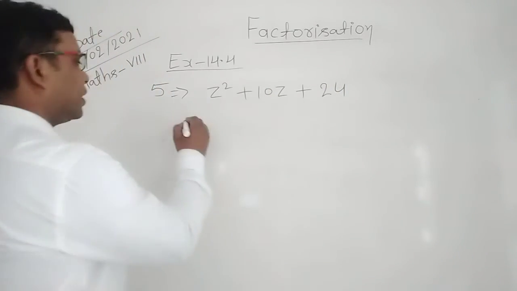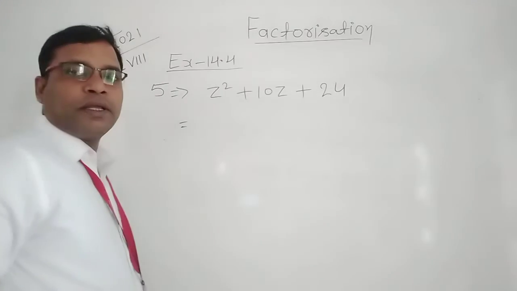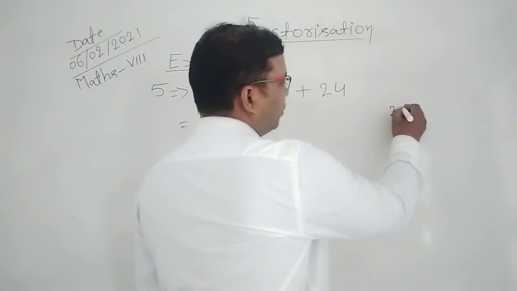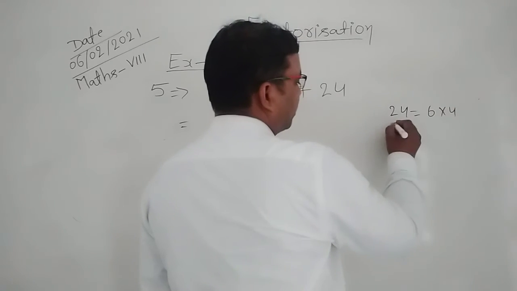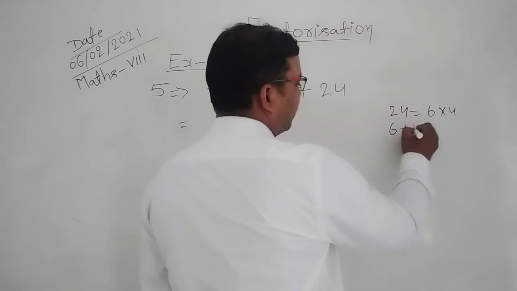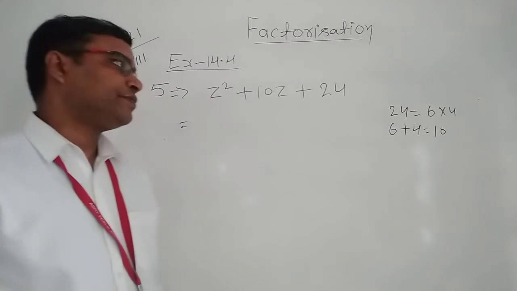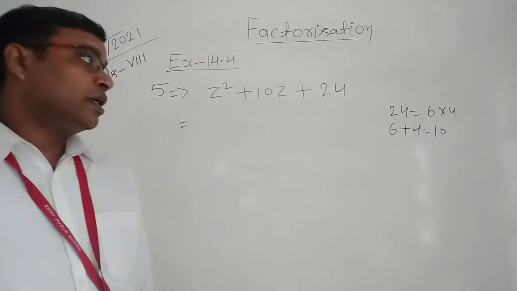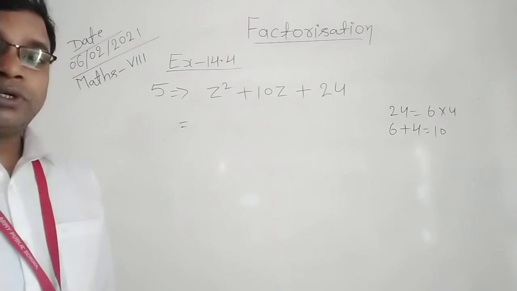Okay, so you can see the coefficient of z square is 1, so we find the factors of 24 such that their product is 24 but their sum is what? 10. So you can see 6 into 4 is the product of 24 such that their sum is 10 and their product is 24.